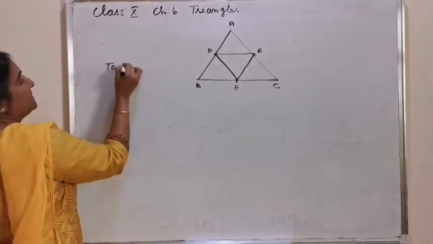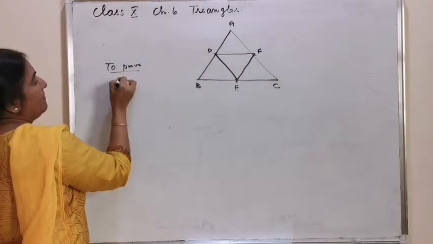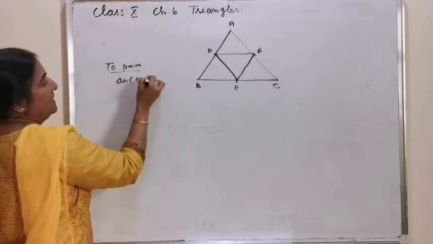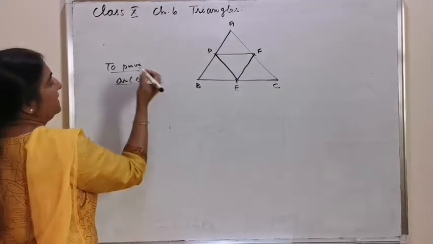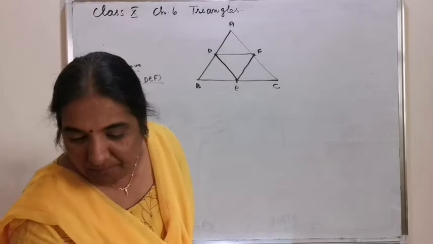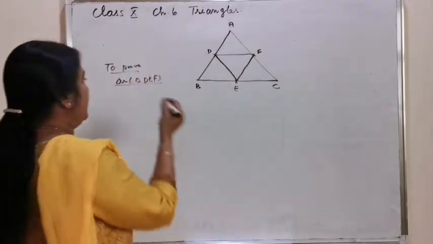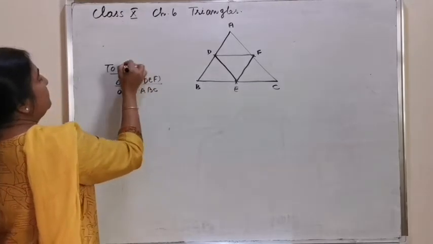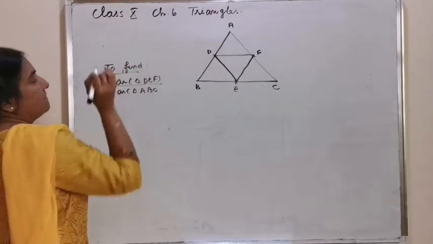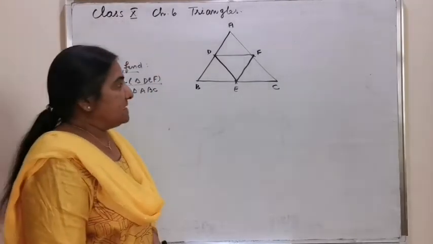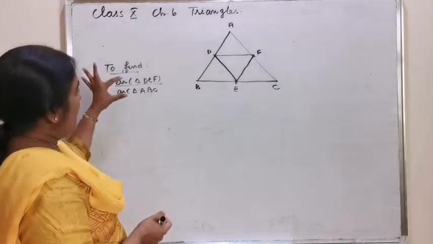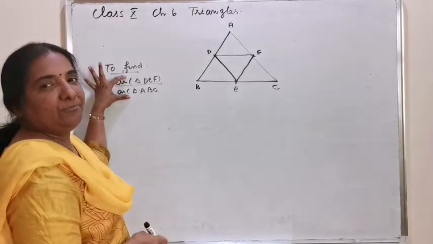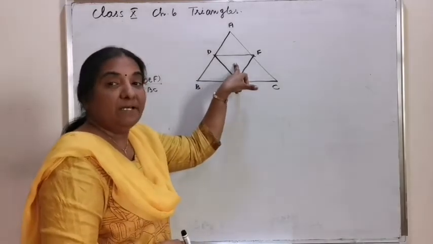To find is the area of triangle DEF by area of triangle ABC. Next, if you have to apply the area theorem, we should prove the triangles are similar.